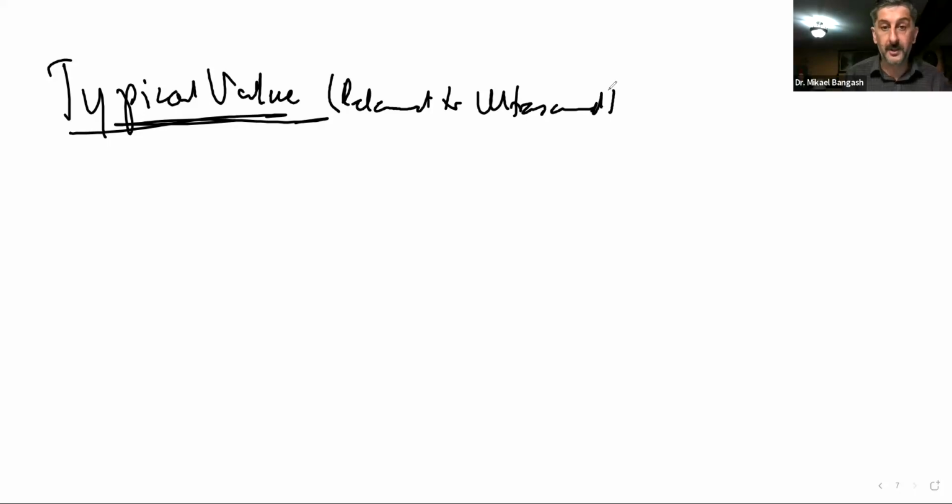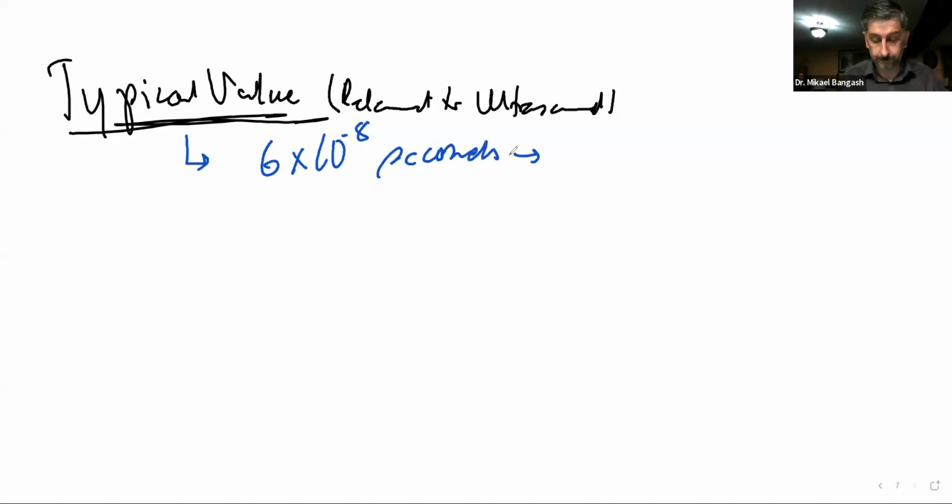The typical value of a period for ultrasound is going to be 6 raised to the power minus 8 seconds, to 5 raised to the power minus 7 seconds.